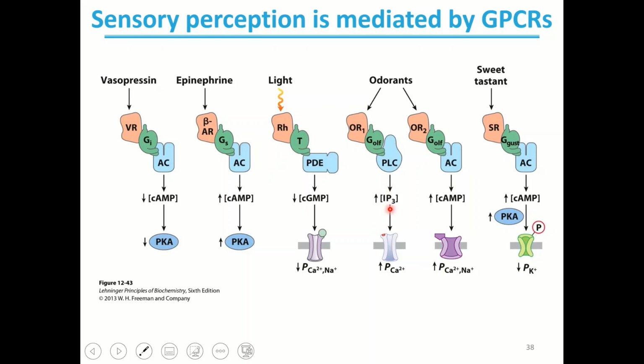They can use that, or they can also use cyclic AMP to do the same thing with an ion channel. And then taste also can use G protein coupled receptors. Okay, you have another interplay with the adenylyl cyclase and cyclic AMP controlling a ligand channel that's controlled by being phosphorylated.